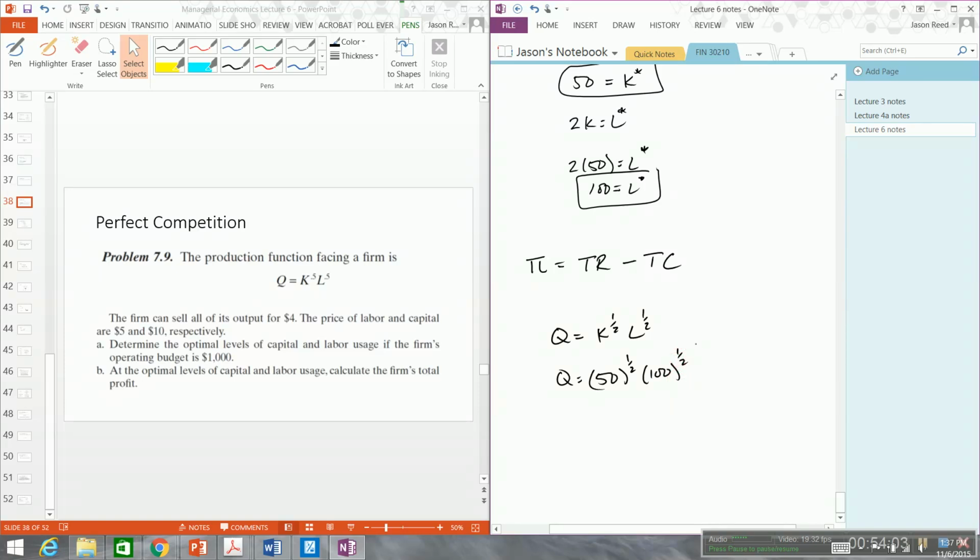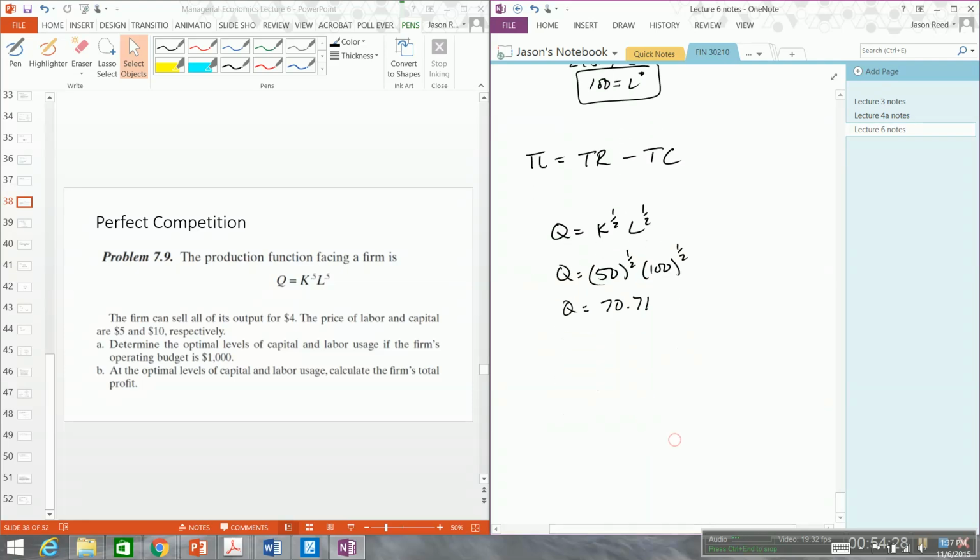And so that we can calculate this out so that we have essentially square root of 50 times 10. And we get 70. The amount of quantity that we get is essentially 70.71.